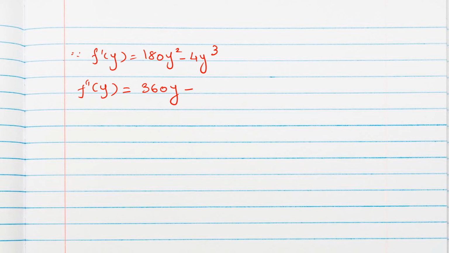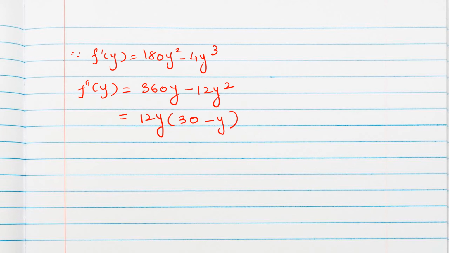So now we will check the double order derivative. Since f dash of y we got is 180y square minus 4y cube, f double dash of y will be 360y, isn't it? 180 into 2 is 360, and here 12y square. So here we can take 12y common. So 30 will remain here and y will remain.